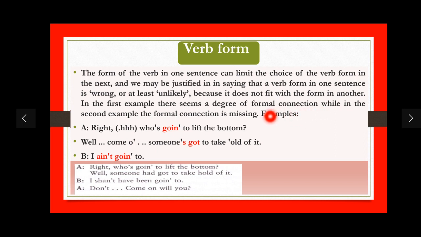We mean to use such verb forms which are consistent, or we mean to use the same verb form in all sentences in order to make them coherent, or in other words, to make them meaningful. Because if there is cohesion, the sentences would be meaningful, and if there are formal links, then sentences would be meaningful. So this was all about verb forms.